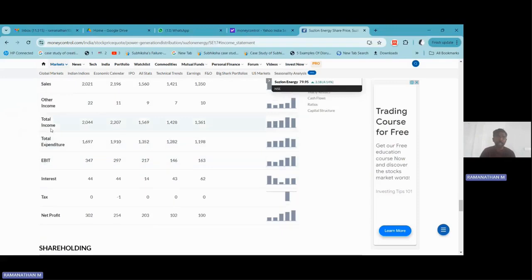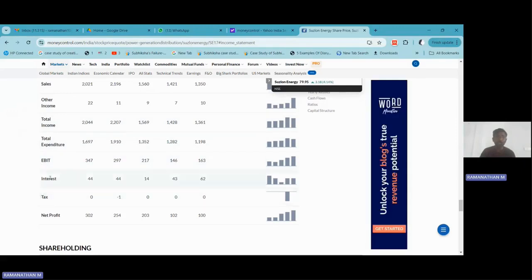There will be expenses and other expenses, which put together we call total expenditure. So total income minus total expenditure gives earnings before interest and tax. Then how much tax I am going to pay, how much interest I am going to pay. Fine. After knowing the interest and tax, you deduct them from EBIT.